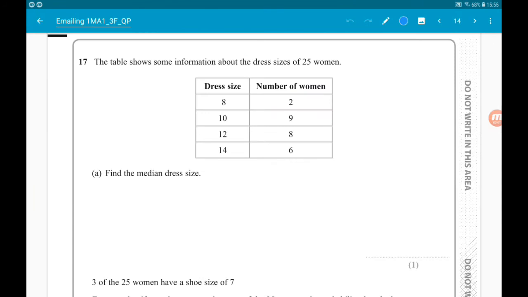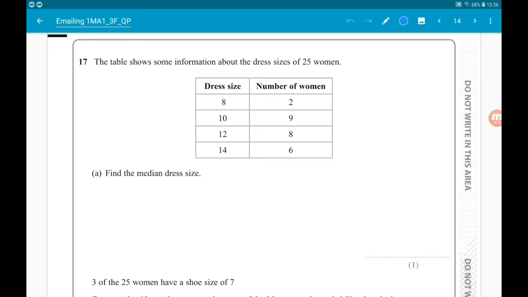Okay, number 17. So the table shows some information about the dress sizes of 25 women. Part A wants us to find the median dress size. Okay, so the median is the middle. So if we were to put all of these women in order according to their dress size, we would get 2 8s, 9 10s, etc. But we don't want to have to write them all out.